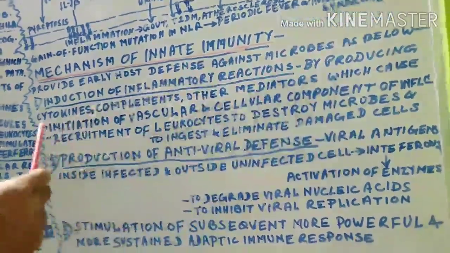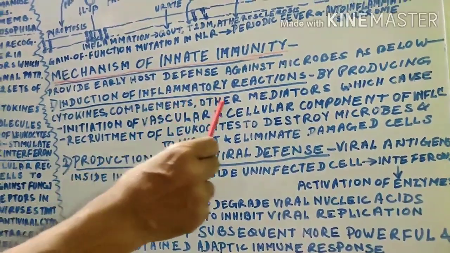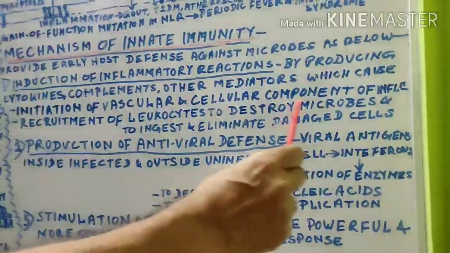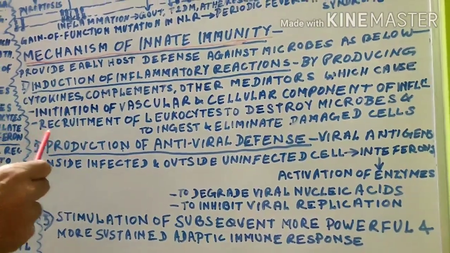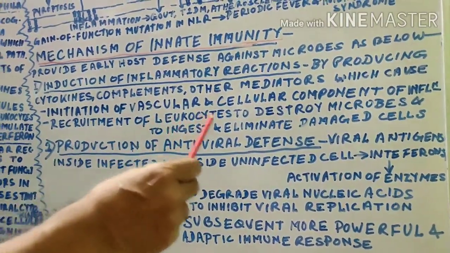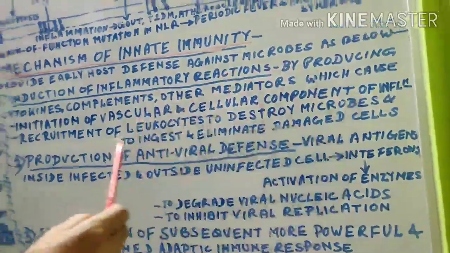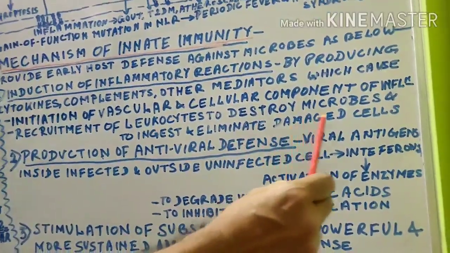It is by producing cytokines, complements, and other mediators, which cause initiation of the vascular and cellular components of inflammation, and it results in the recruitment of leukocytes to destroy microbes and to ingest and eliminate damaged cells.